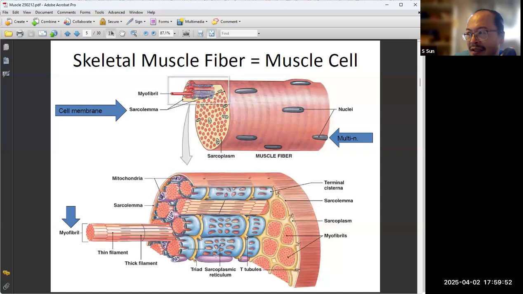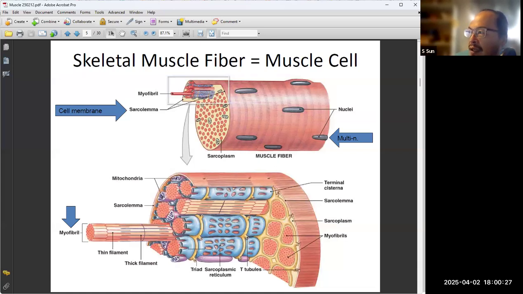We have the rough one and the smooth one. The rough one has the ribosome that is involved in translation to convert RNA to protein. It's called sarcoplasmic reticulum in the muscle, but it is basically the same thing as the endoplasmic reticulum in the typical cell.